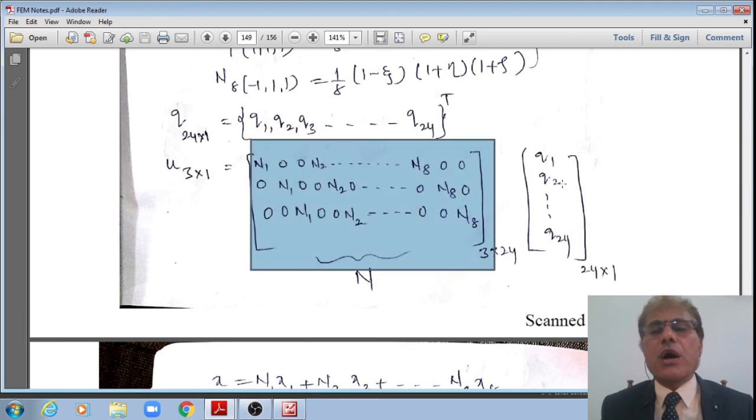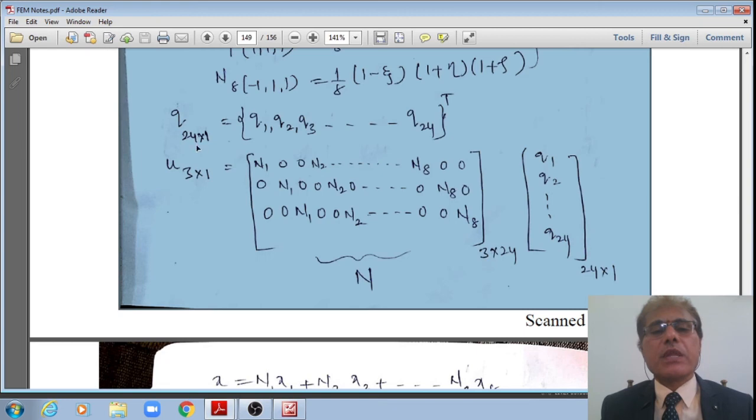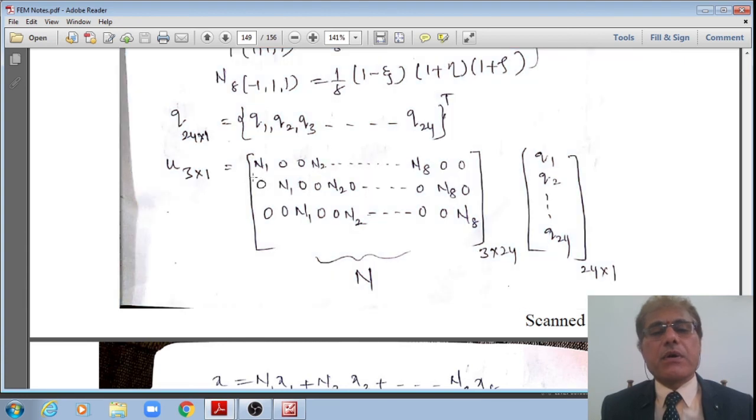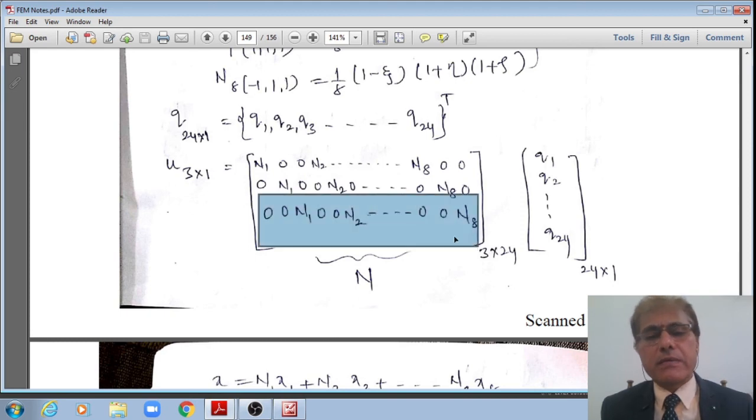The first row operated upon q1, q2 up to q24 gives the displacement along the x direction. Similarly, doing the same, we get the displacement along y and z directions respectively, right?